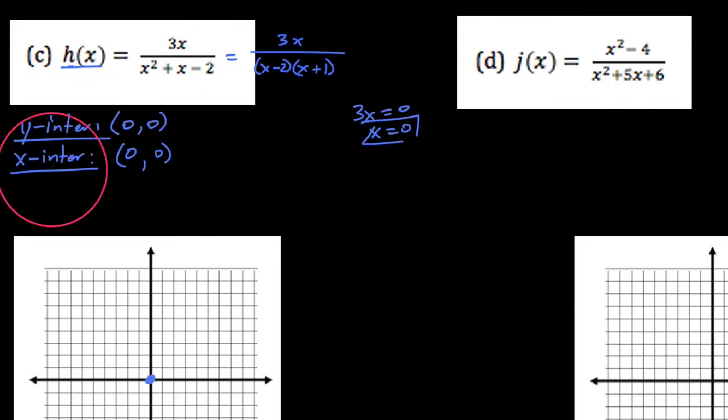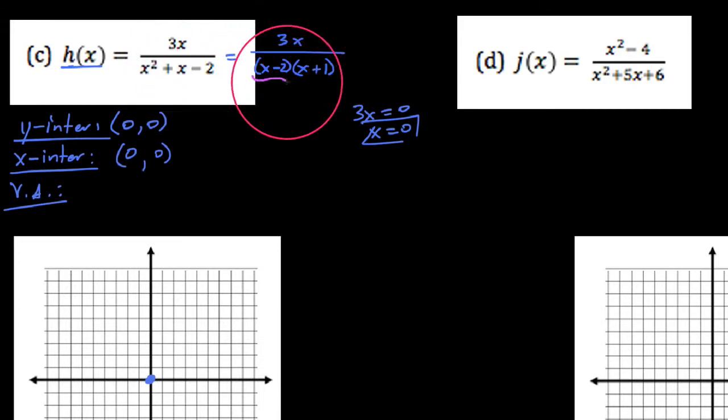So this must be my x-intercept, which basically verifies what we just confirmed with our y-intercept. Now moving on, the next thing on our list is always to find our vertical asymptotes, which, by the way, only occur where this rational function would be undefined. So where would this be undefined? Any fraction would be undefined wherever the denominator is equal to 0. So if we set these factors down here to 0, what are the zeros of the denominator? Solving each of these factors, we get positive 2 and negative 1.